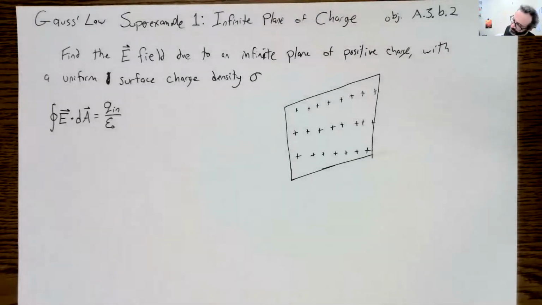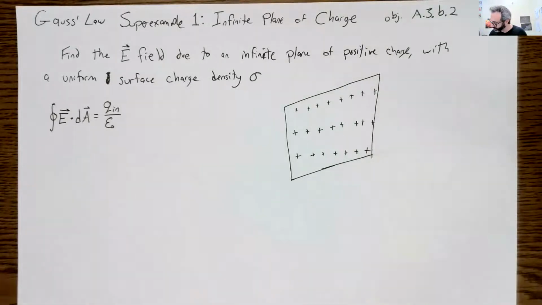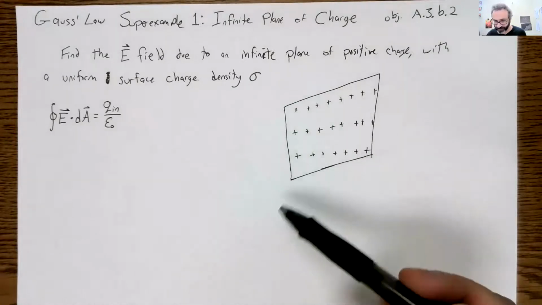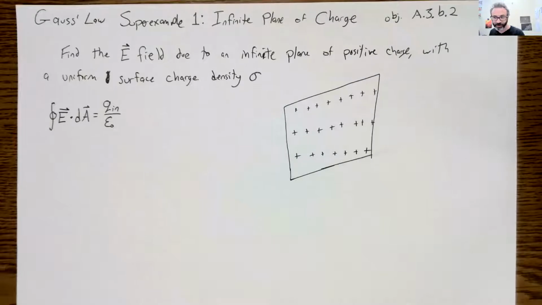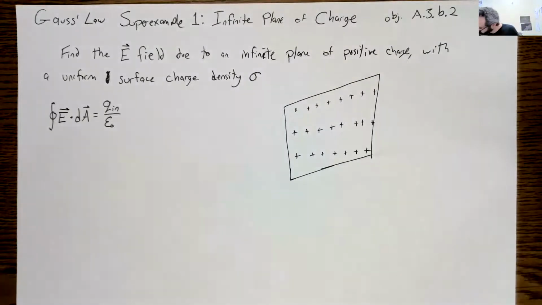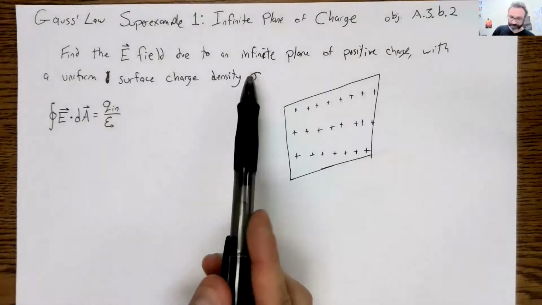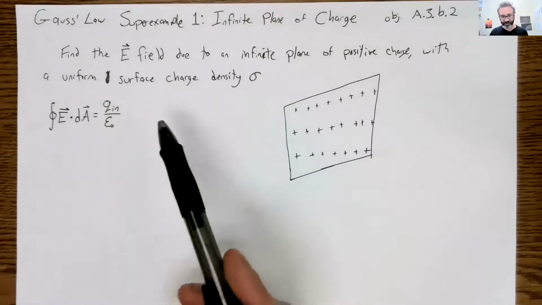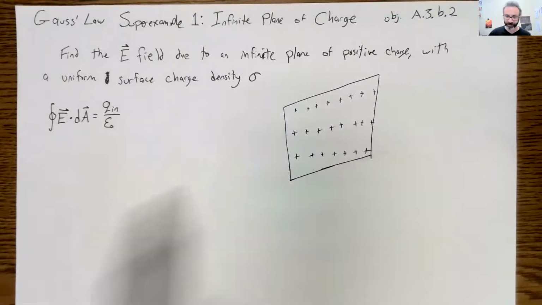All right, so the idea is we've got an infinite plane of charge, right? There's positive charge spread out uniformly over it, and we want to find the electric field that comes about near this plane using Gauss's law. So what we've got is a surface charge density of sigma, and what I mean by surface charge density is how many coulombs of charge per area there is on the plane.